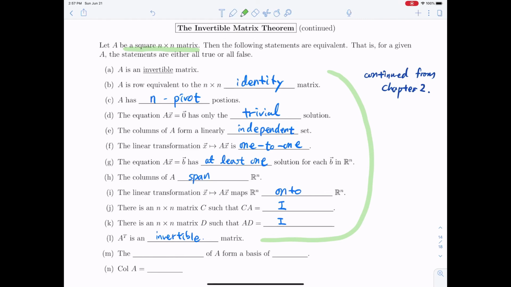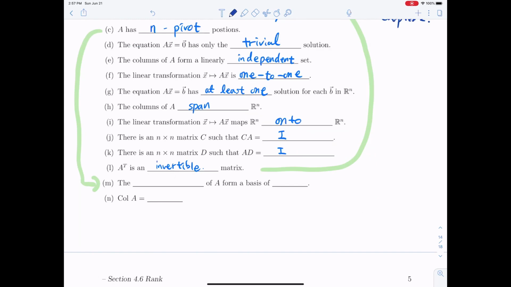Starting from part c, if A has n pivot positions, then there are no redundant vectors in the spanning set of the column space of A. Or equivalently, the columns of A form a basis of R^n. Or in other words, the column space equals the whole space R^n.